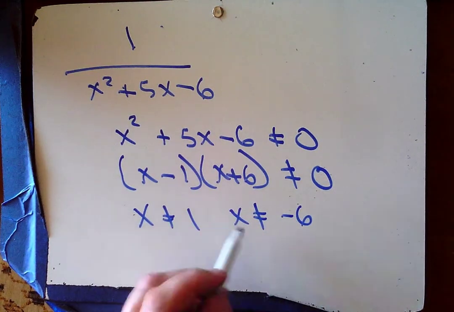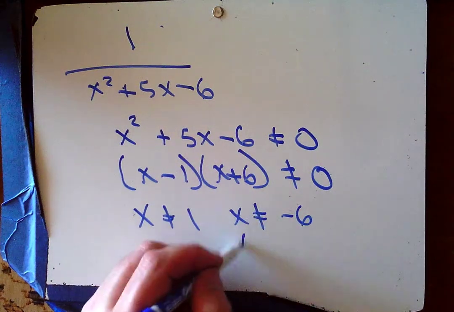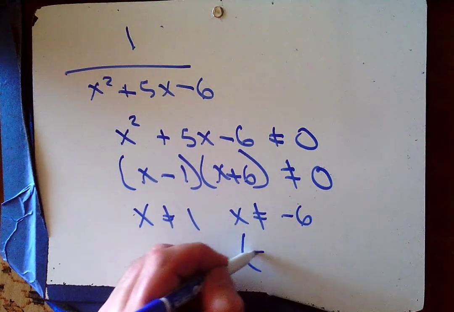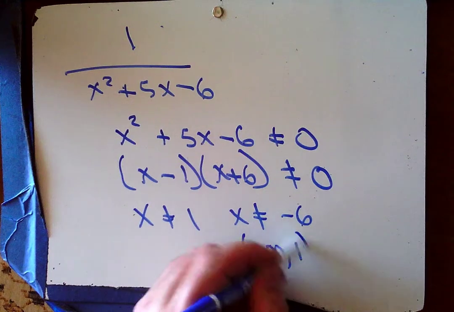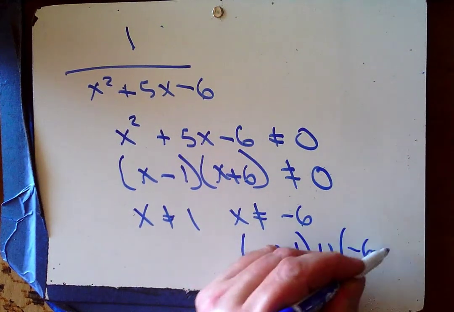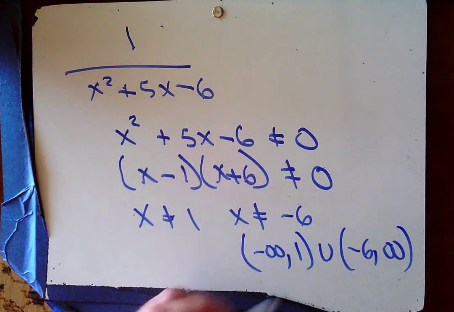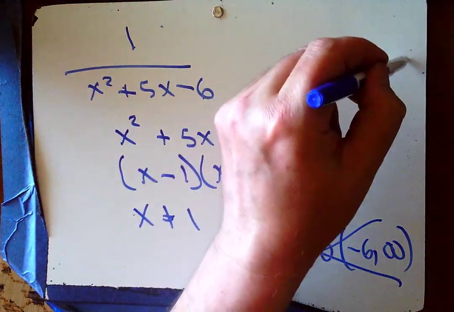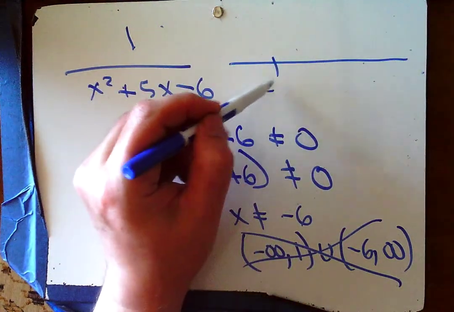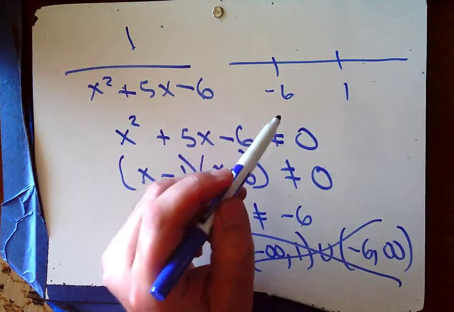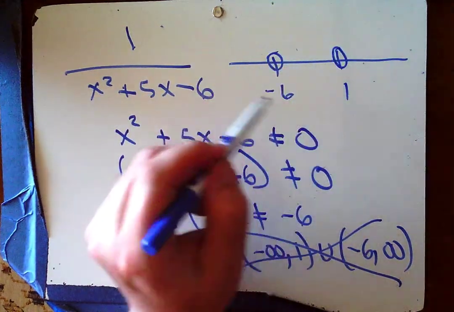So here's what I see a lot of students doing. They do this. -infinity to 1, union -6 to infinity. And that's wrong. So let's put these on a number line. -6 and 1. These are the things that don't work.